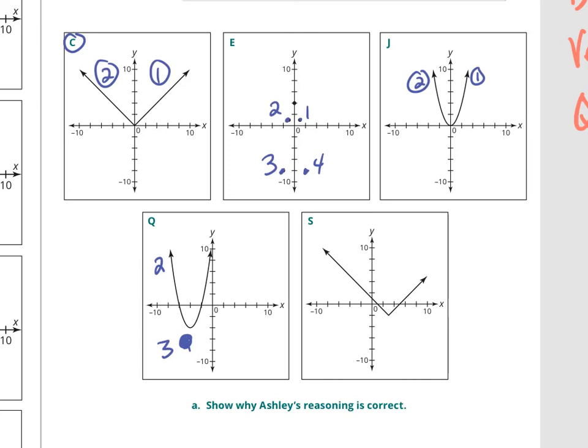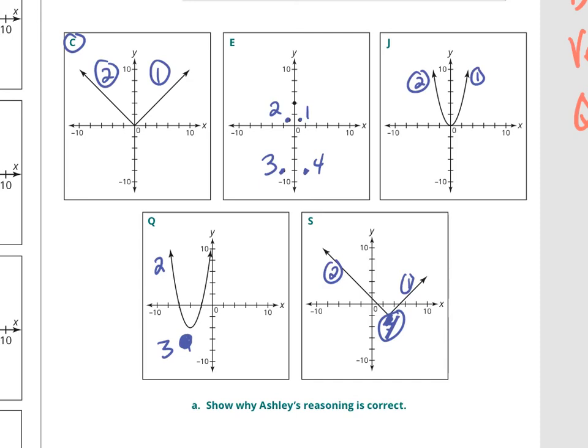Now graph S over here, it's in the first quadrant right here. This part is in the second quadrant, and this part down here is in the fourth quadrant. Messed up and wrote a 3 there. Fourth quadrant. It does not hit the third quadrant at all. So that might be something that you could look at and say, hey, these have something in common with each other.